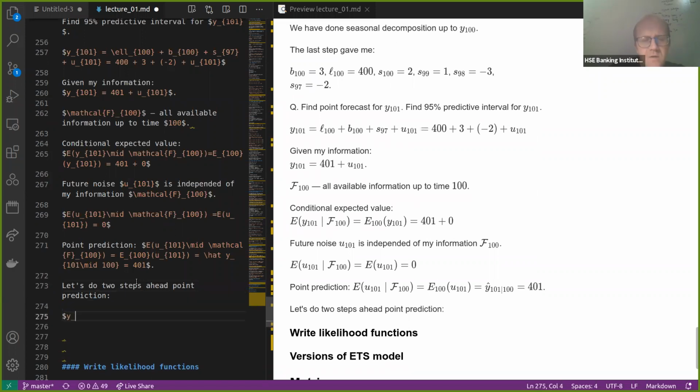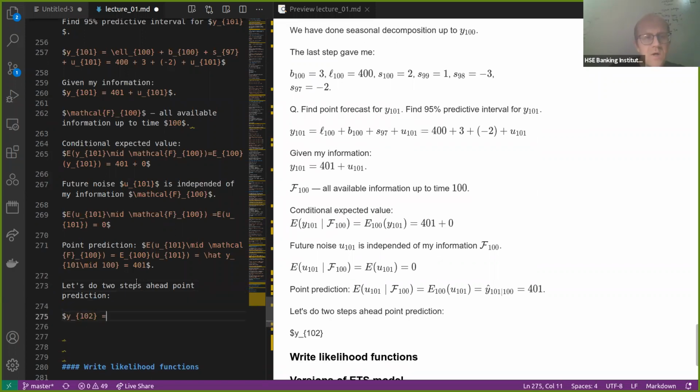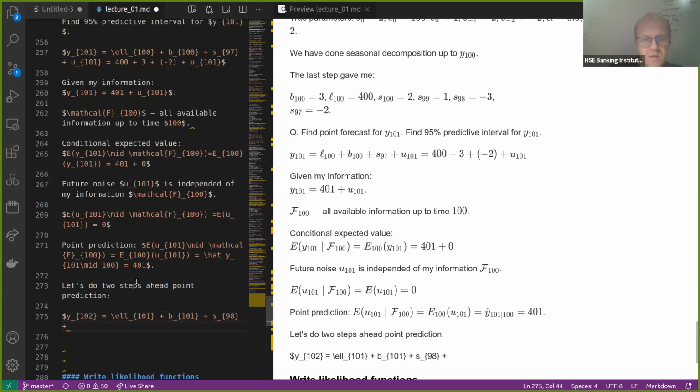Once again, I use the equation for Y102. What is Y102? It's L101 plus B101 plus S98, I think, plus U102.